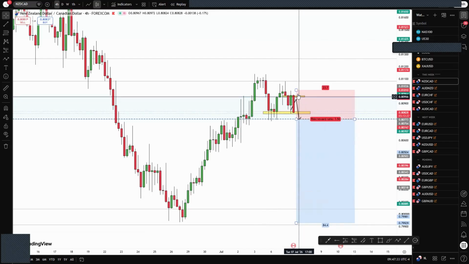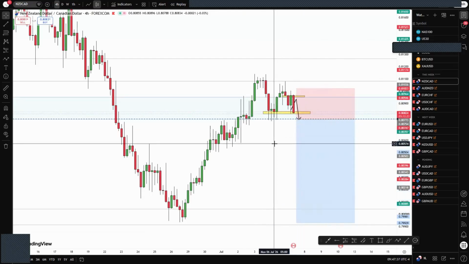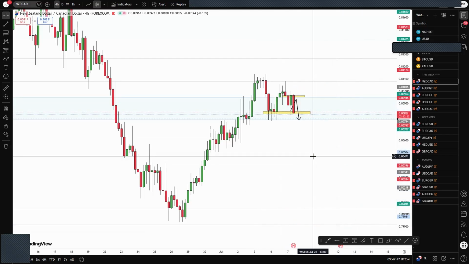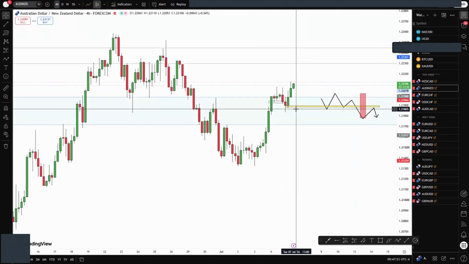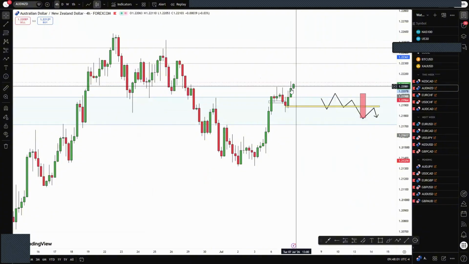Anyway, we'll see what happens. But now let's wait for this block to occur. Okay, AUDNZD. This is what we wanted, where price makes its high.